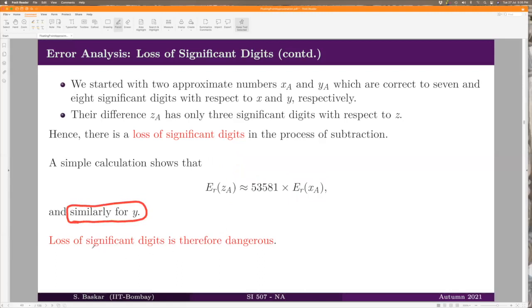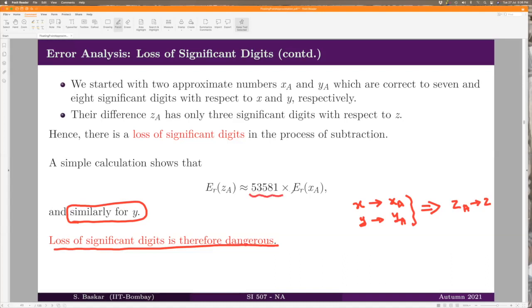So you can see that the loss of significant digits is very dangerous. It amplifies the relative error. So you started with some numbers X, XA, Y, YA, and made a computation, and the calculated value ZA instead of Z amplified the error 53,581 times.